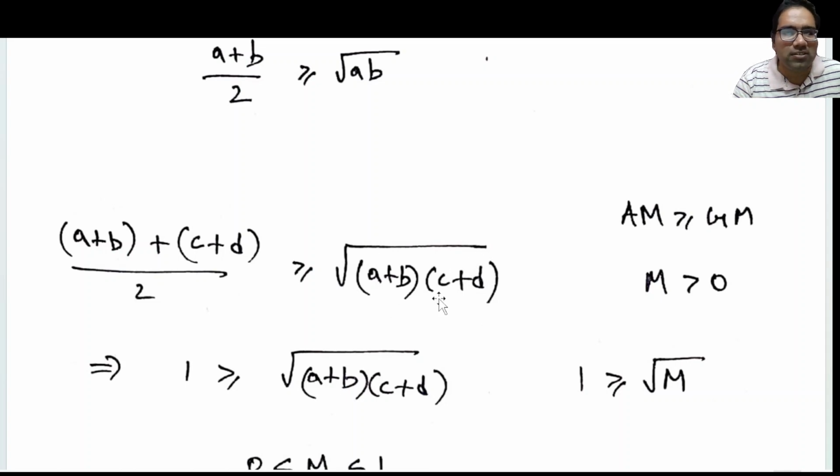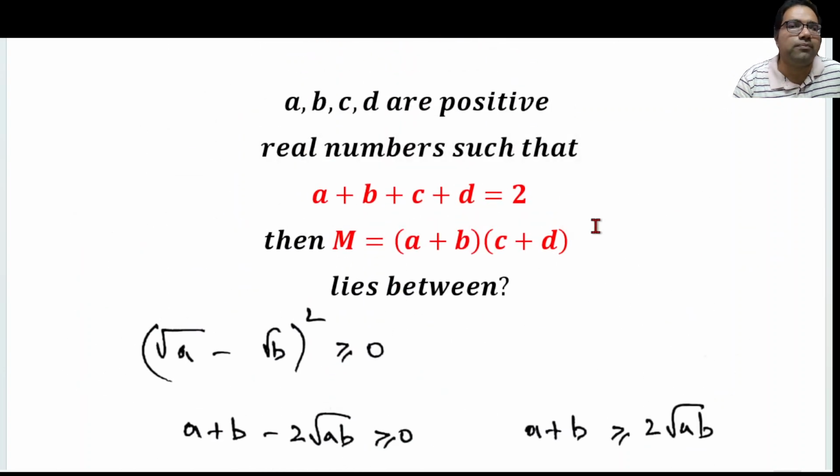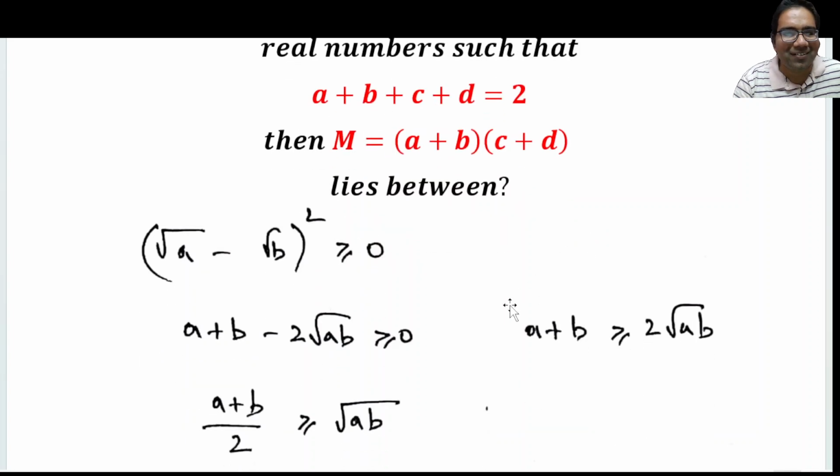Then the under root of this is not defined, right? So we use AM-GM inequality when the numbers are positive only. Here also, in root AB, we are saying that A and B are positive, right? Cool, yes. Thank you.